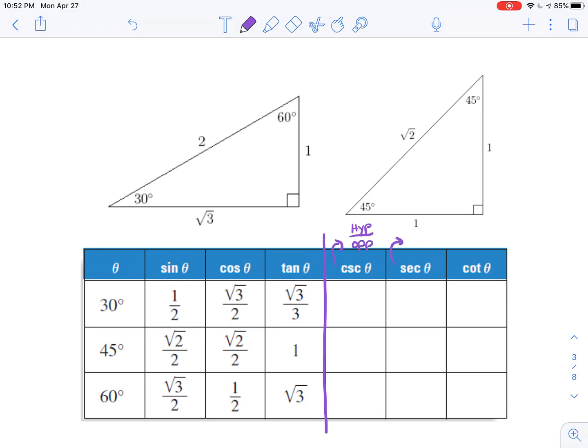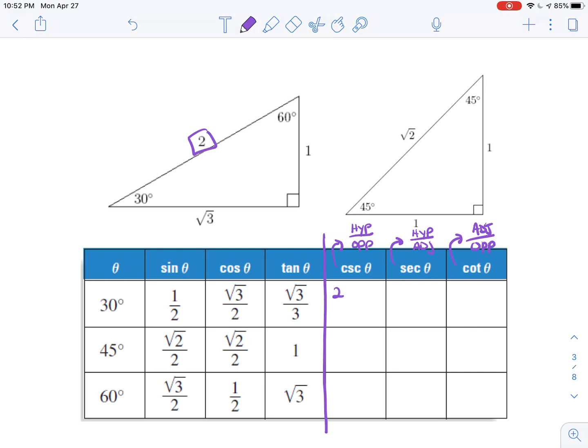So that means my hypotenuse over my opposite. Secant is related to my cosine, which is my hypotenuse over adjacent. And my cotangent is related to my tangent, so that's not opposite over adjacent, it's adjacent over opposite. So if we still go back to these original triangles, we should be able to calculate any of these values.